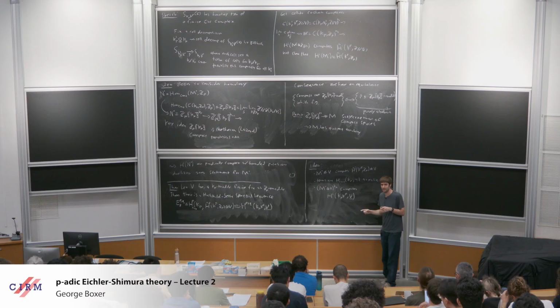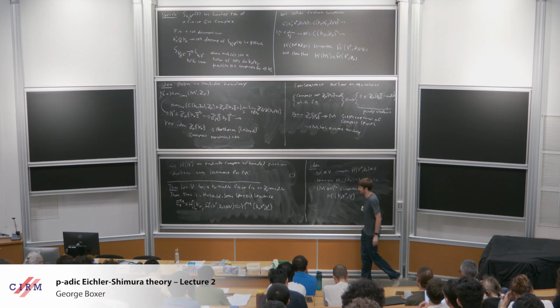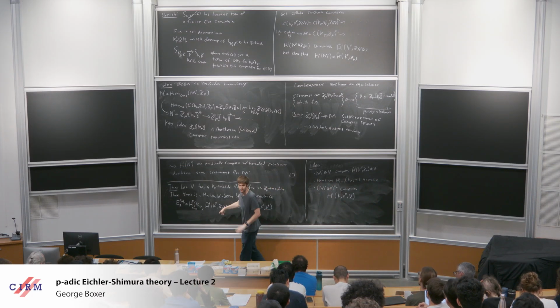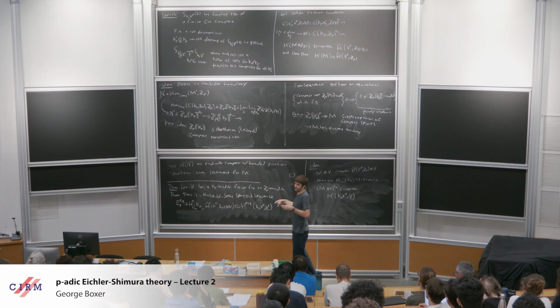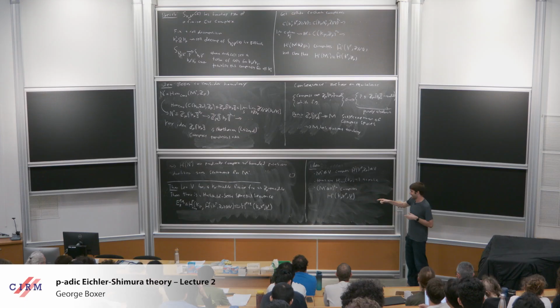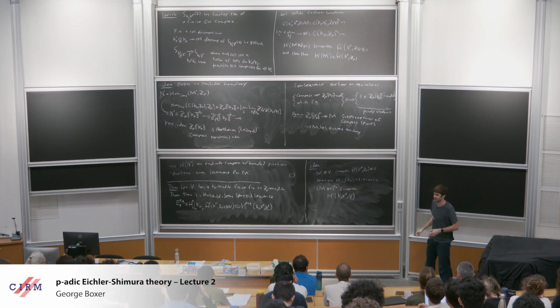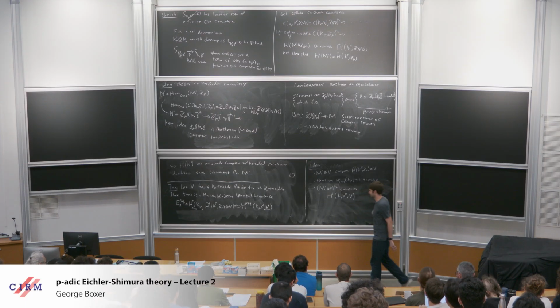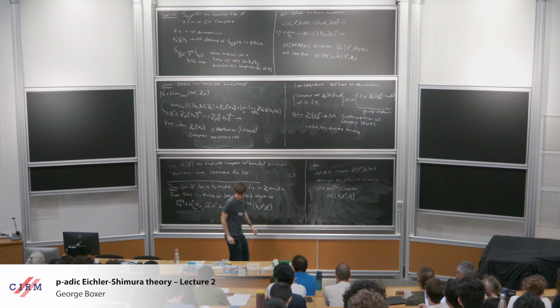Or alternatively, you can use something like condensed group cohomology to get this spectral sequence. But then you have to actually check that what you get agrees with the usual continuous cohomology. And there's still something to prove there. Okay, so that's the idea.